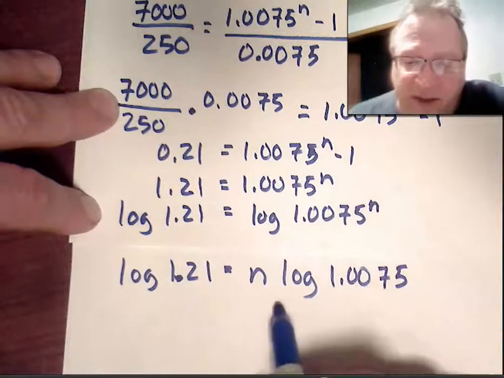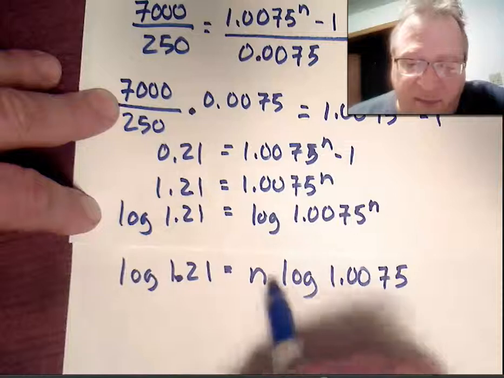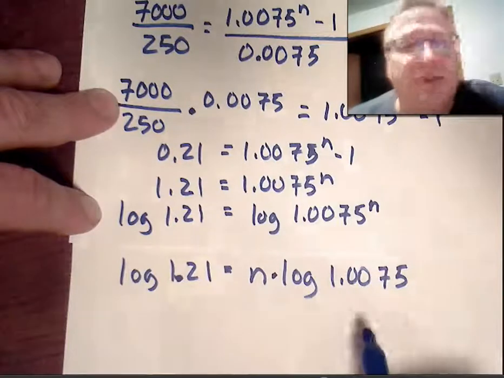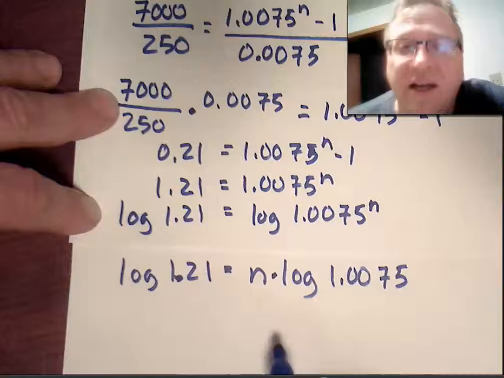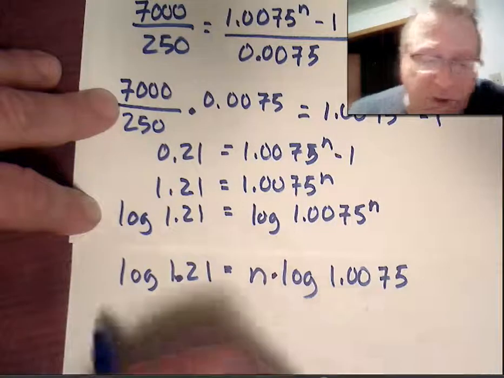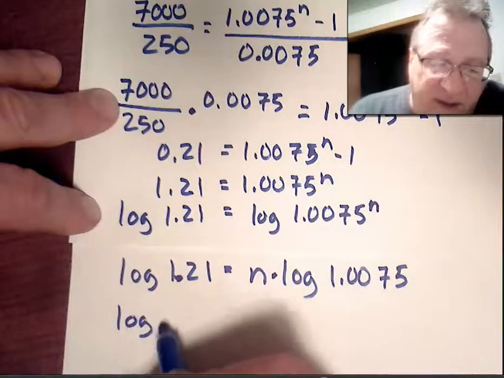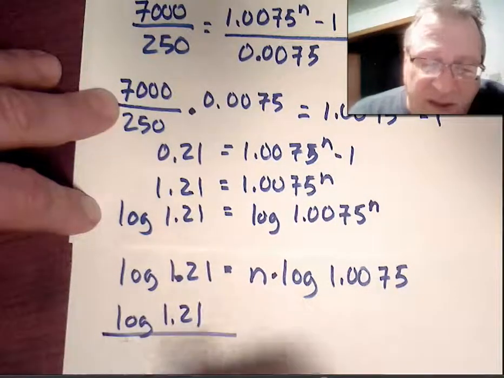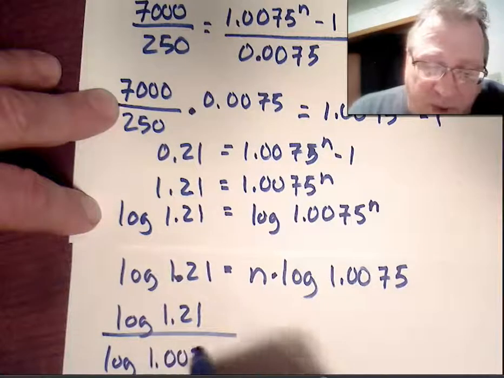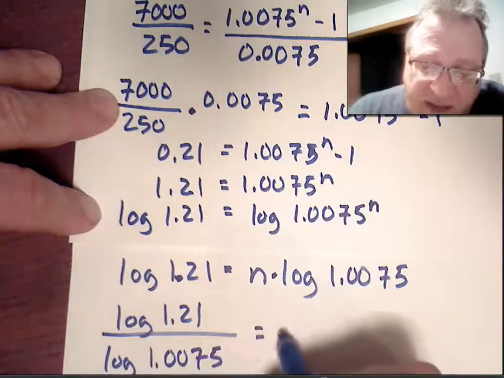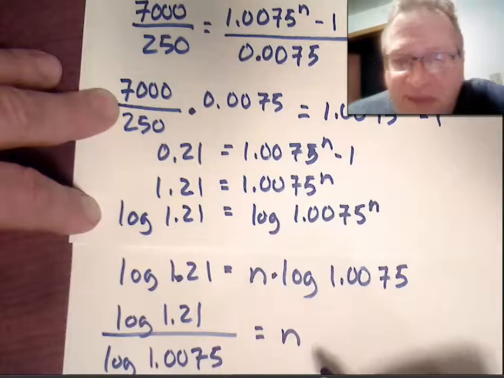And now this log is multiplied by n, and so I can move it to the other side by simply dividing both sides by the log of 1.0075. So I have the log of 1.21 divided by the log of 1.0075 is equal to n. There we have it. That's our answer.